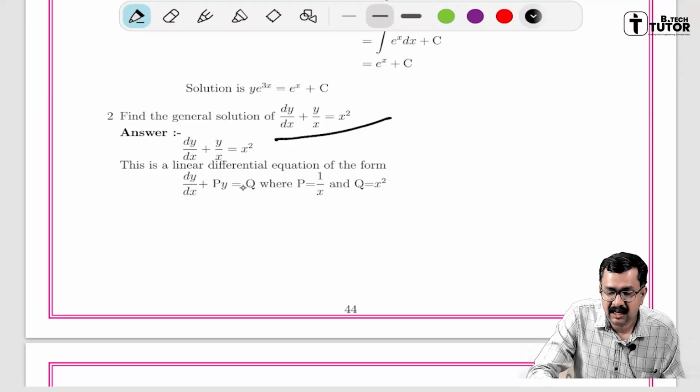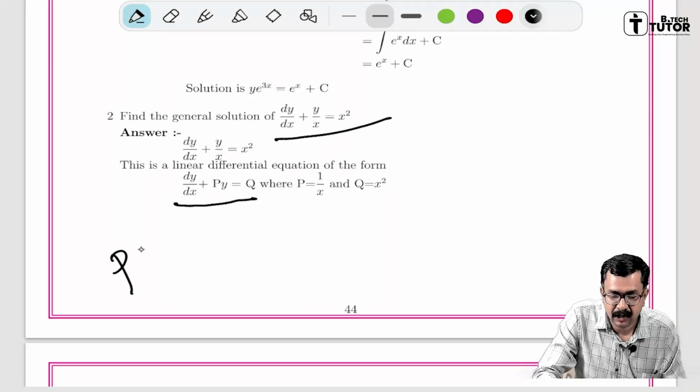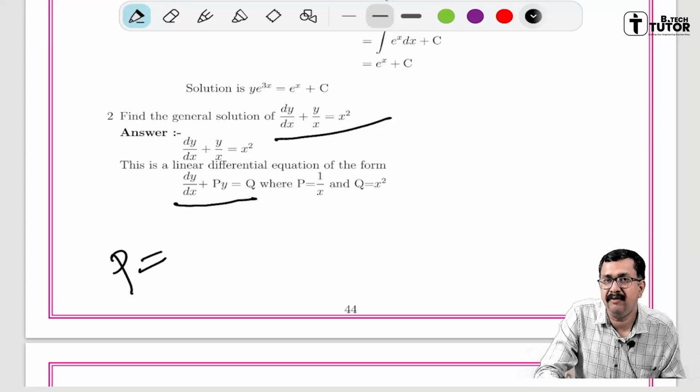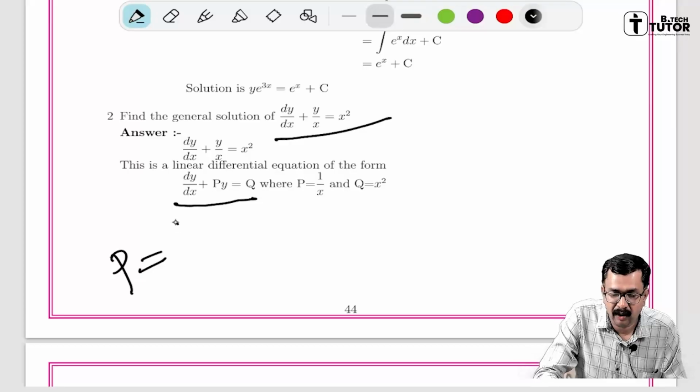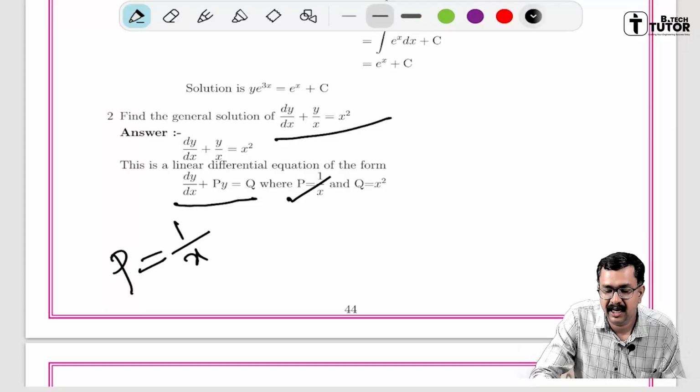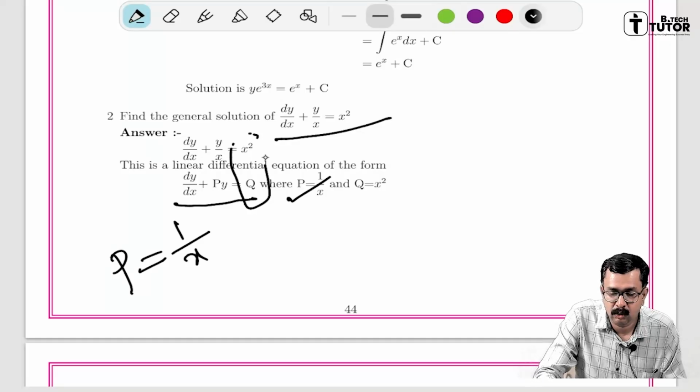This is a linear differential equation of the form dy by dx plus py equal to q. Remember that p is the coefficient of y. Here the coefficient of y is 1 by x, so p equal to 1 by x. And what is q? q equal to x square.